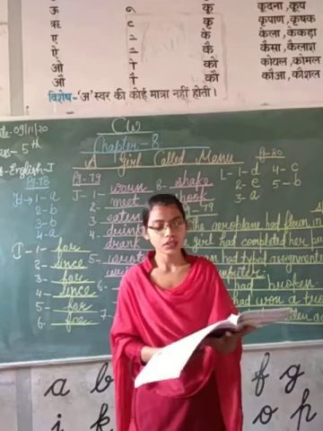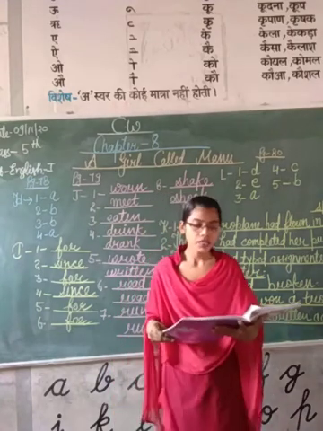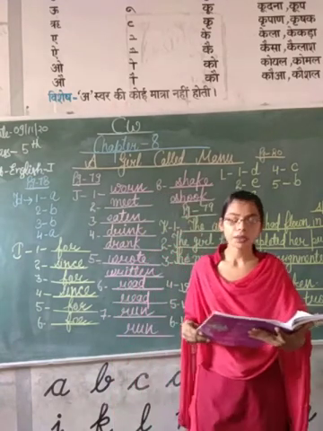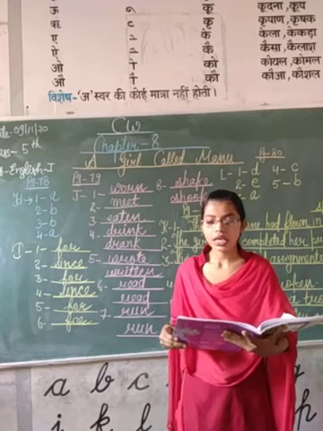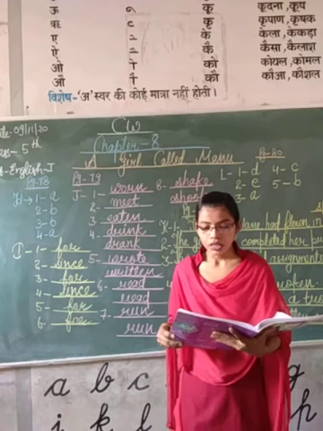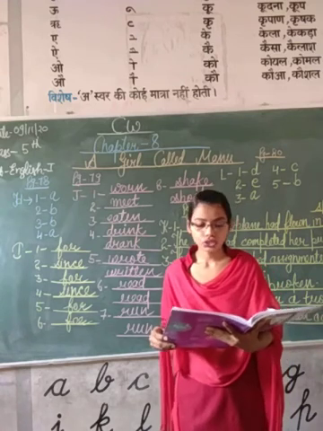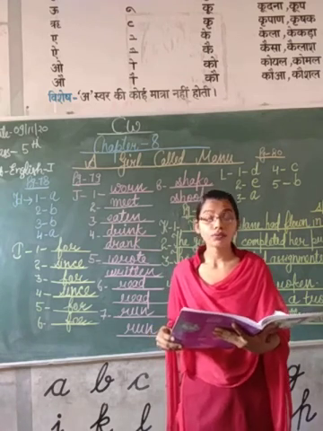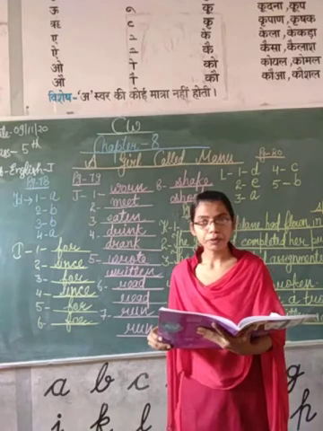Okay, now move to the next question, which is question number J. Complete the table with the simple present tense, past tense and past participle form of the verbs. In your book you are given 3 columns. In the first column you are given the verb, related to simple present tense.